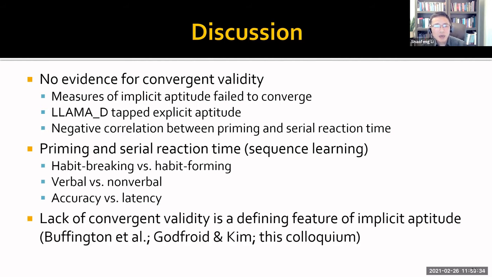So this finding provides further evidence for the lack of convergent validity for measures of implicit aptitude or implicit learning. And the studies by Buffington et al. and Godfroid and Kim included in this Colloquium obtained similar findings.